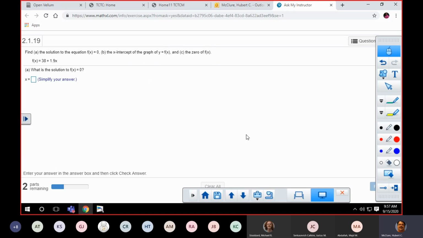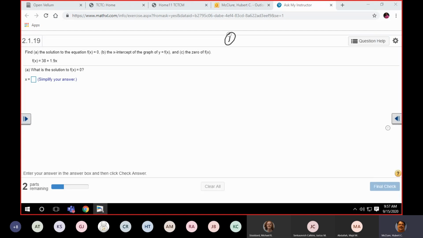So let's go ahead and set the equation equal to 0. Here you want to solve it. And then 2, you want to graph it on a number line. I think that's what they're wanting here. Of course, I never call it that. I just call it graphing it, but I think that's what they're wanting.